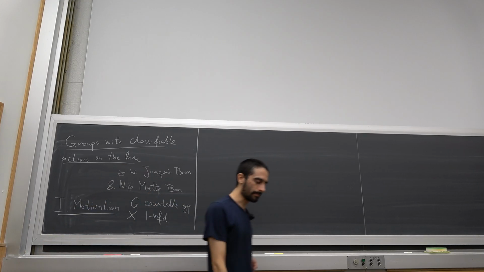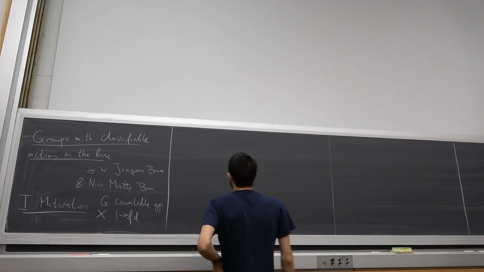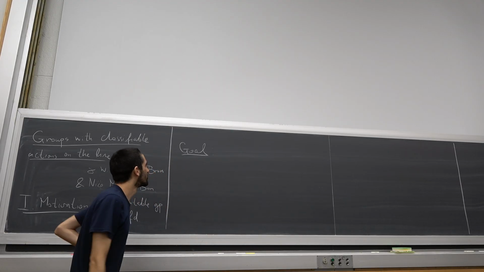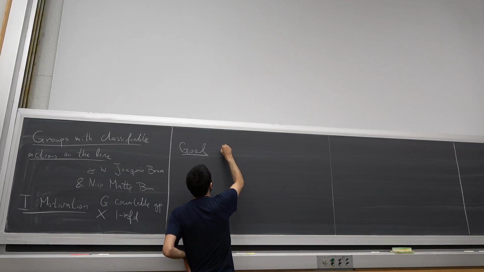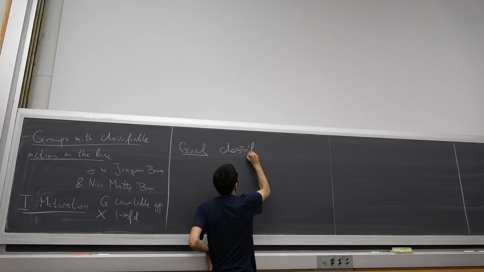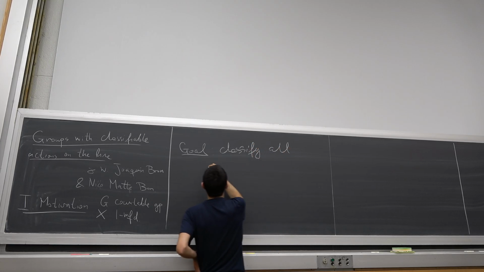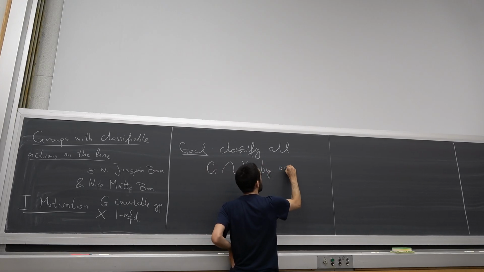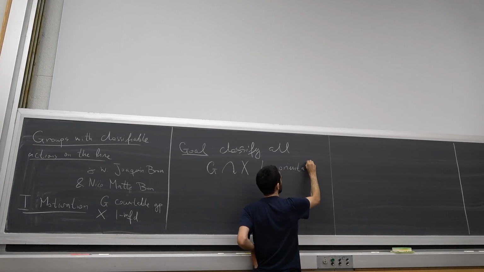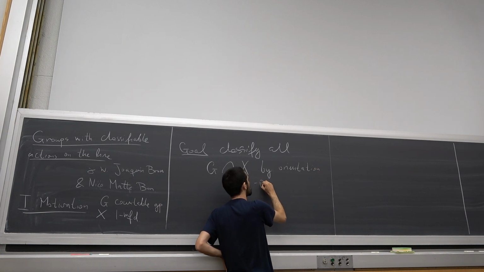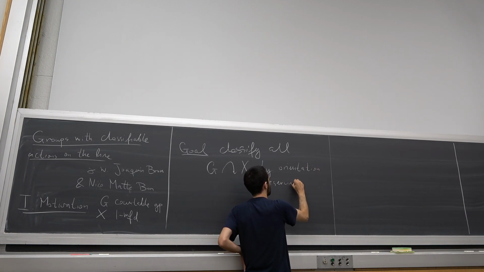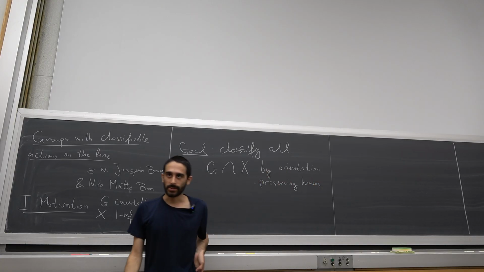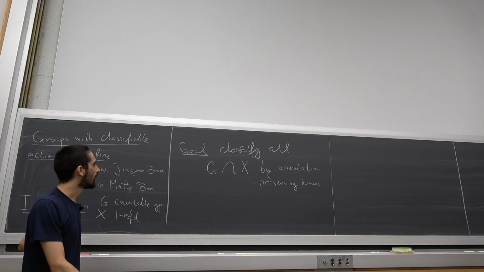Okay, and the question I want to address is, well, the overarching goal of dynamics of G is to classify all actions of G on X by orientation-preserving homeomorphisms of X. Okay, and two caveats.